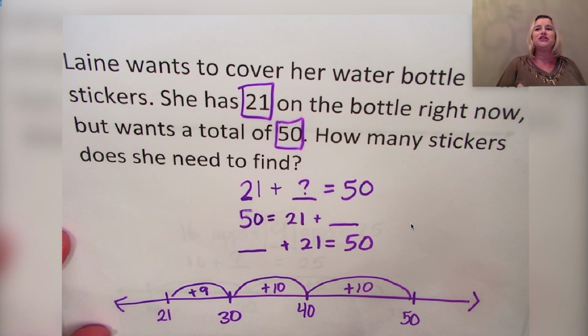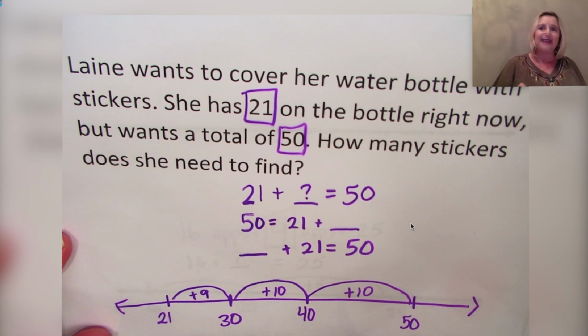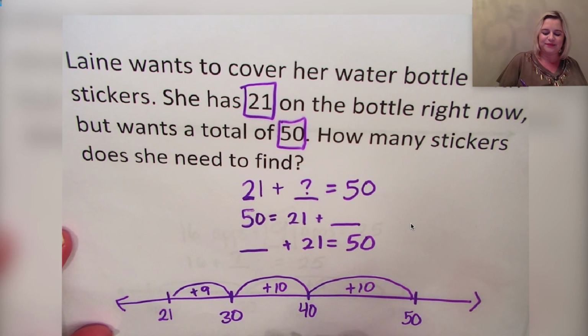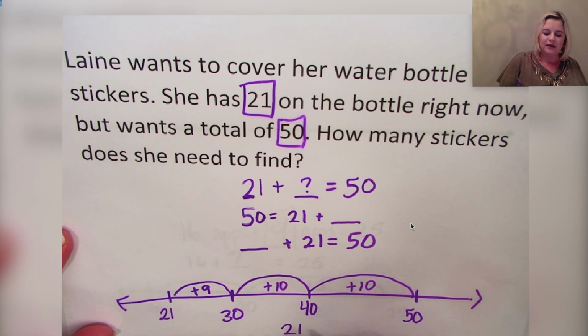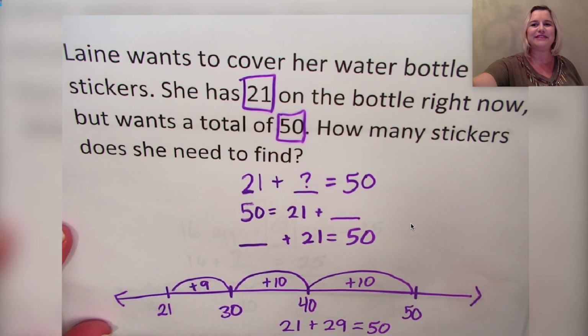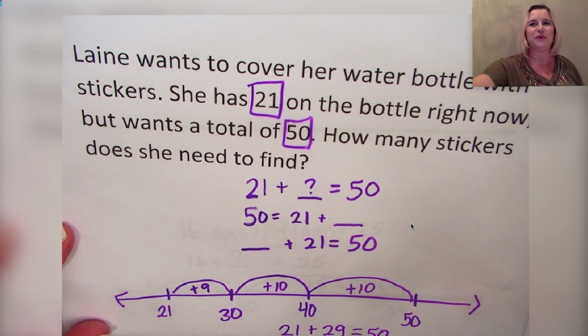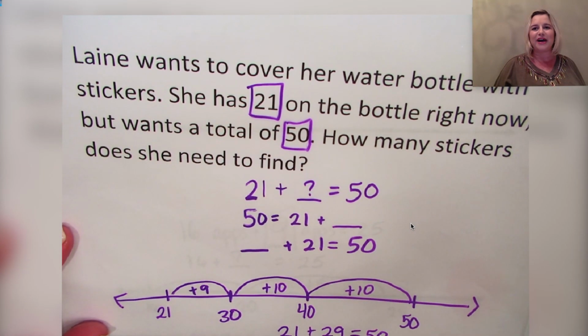If this was your solution, please write the equation. Let's write it. 21 plus 29 equals 50. Give me a thumbs up if you wrote that. Wonderful job, boys and girls. I'm so proud of you.